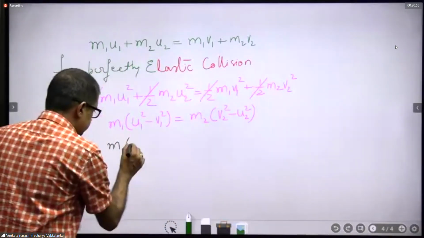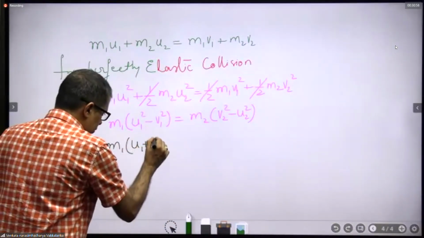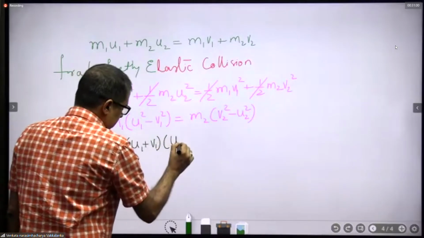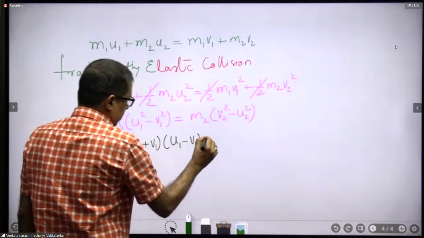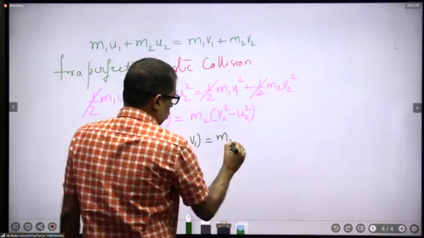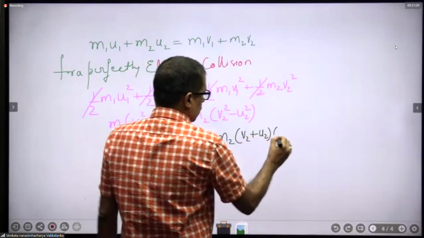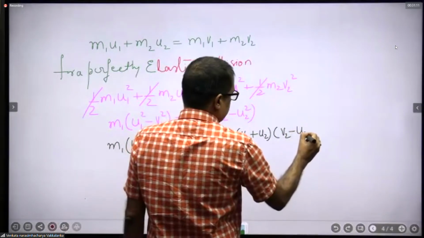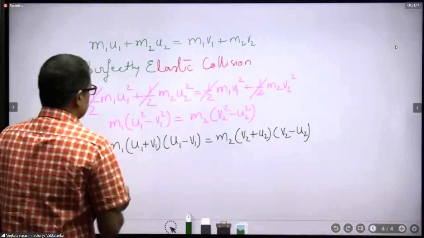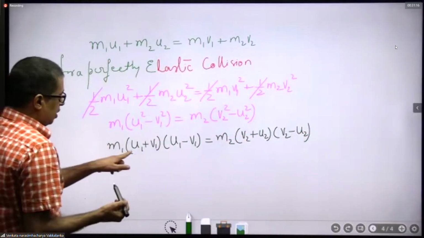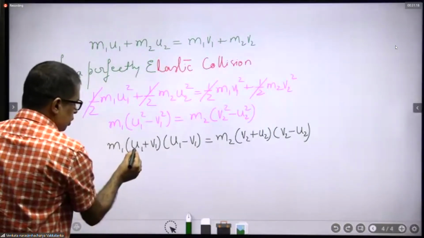Sir, A plus B, A minus B. So U1 plus V1 into U1 minus V1 equals V2 plus U2 into V2 minus U2. Can you see this? M1 U1.